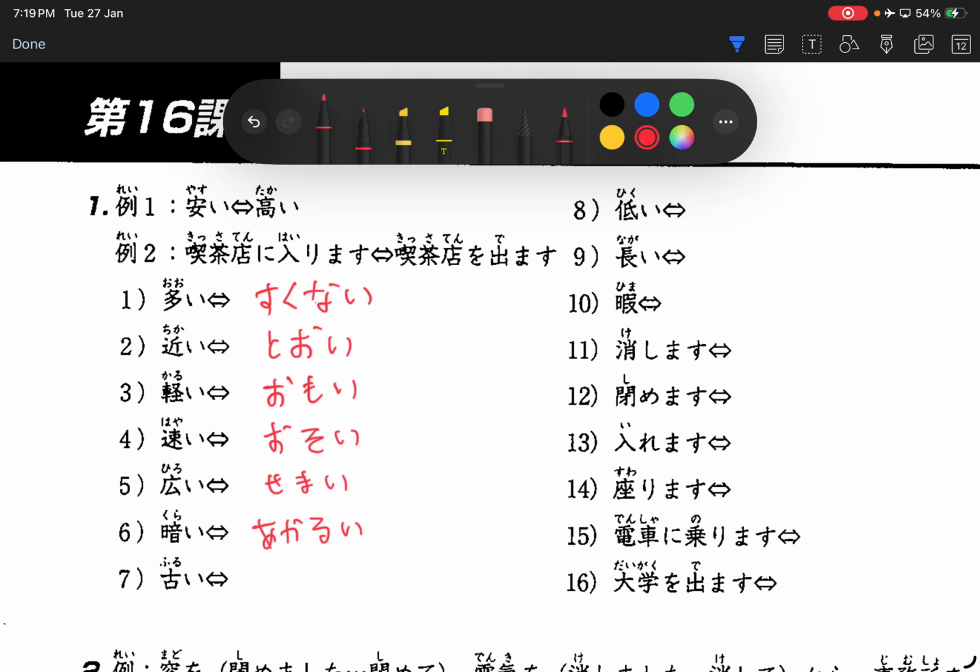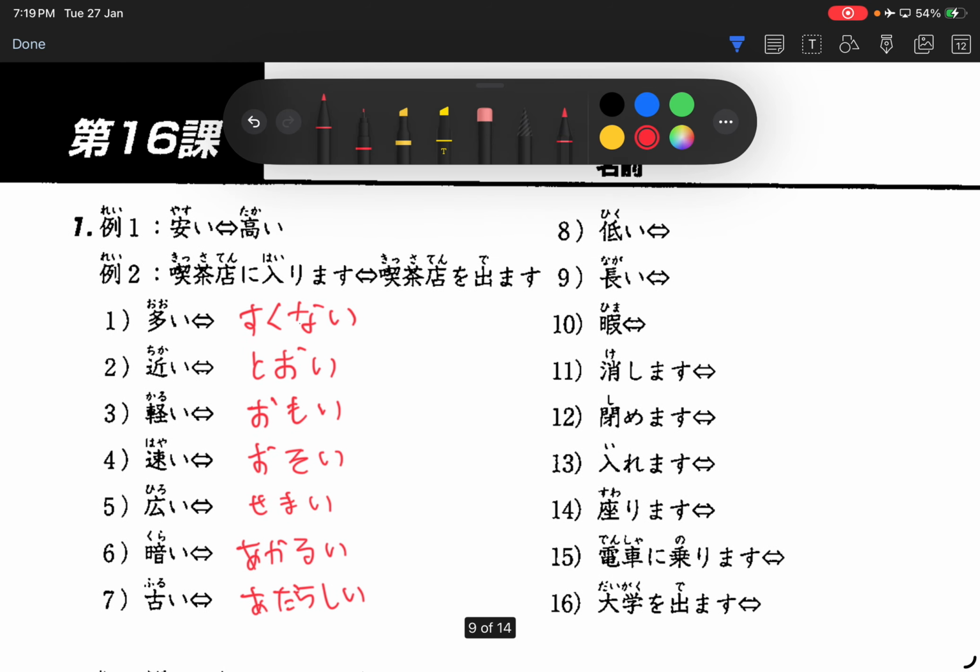Okay. Next, number 7, furui. Atarashii. Thank you. Number 8, hikui. Hikui means low. So takai. Right?